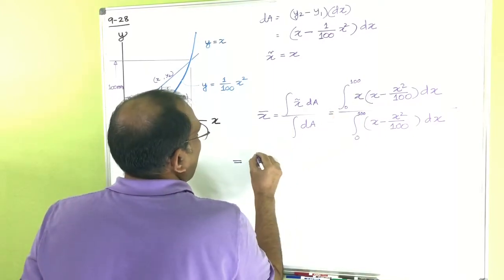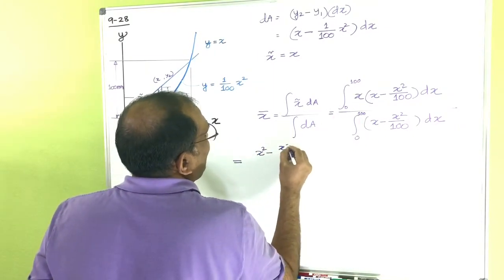So this one would be x squared minus x cubed by 100.